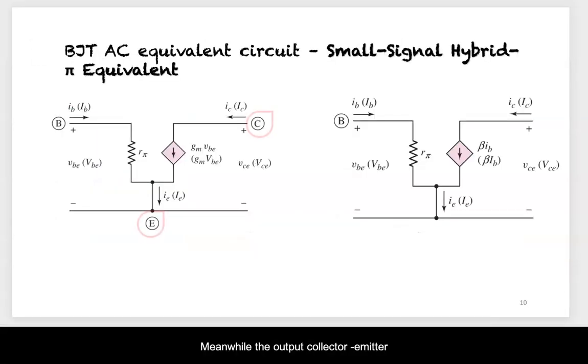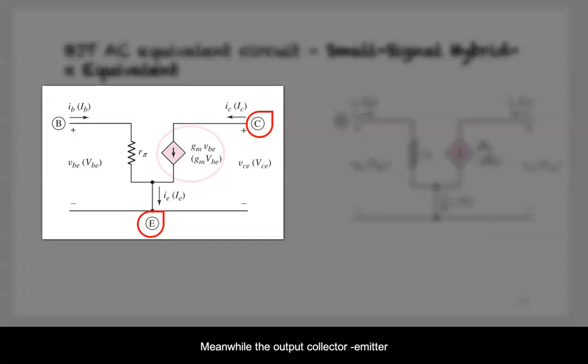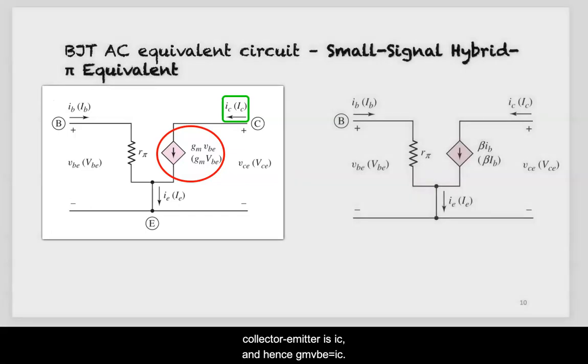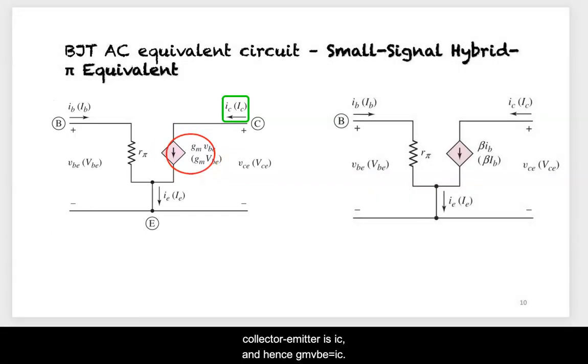Meanwhile, the output collector emitter terminals is represented by a dependent current control source, and the value is equal to gm times vbe. The small signal current at collector emitter is ic, and therefore gm times vbe is equal to ic.